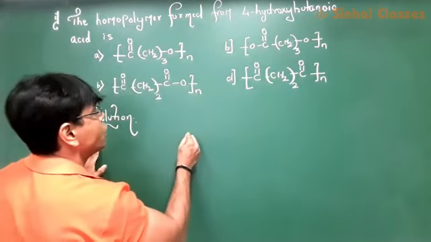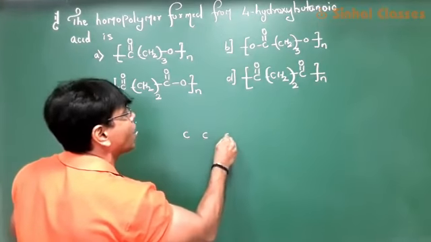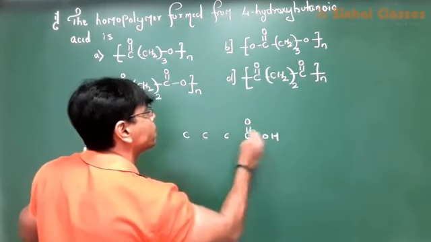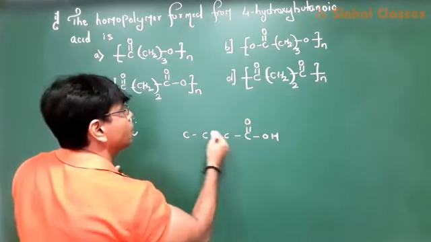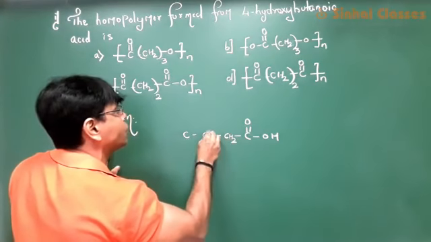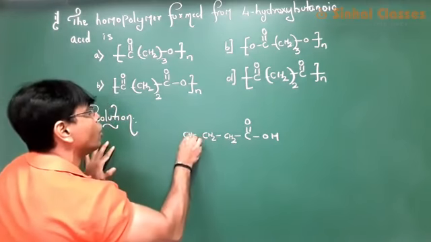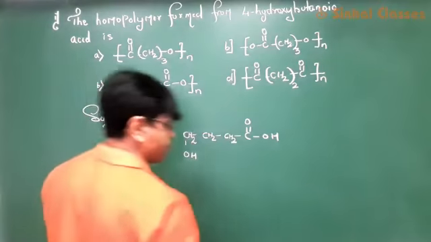4-hydroxybutanoic acid, butanoic acid, that means 4 carbon with carboxylic group here. Okay, so we fill up the hydrogen. This is your 4-hydroxybutanoic acid.